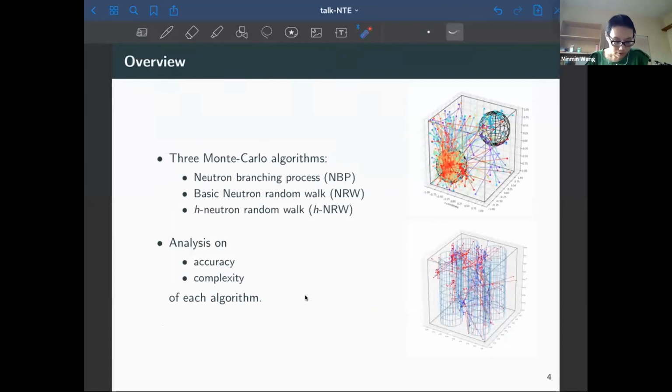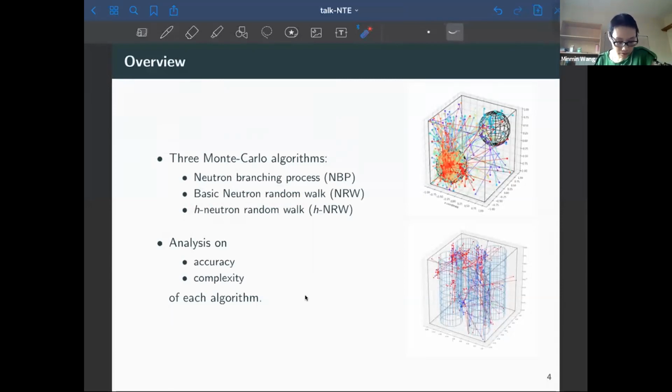So there's the neutron branching process, which is basically just a branching particle system. Then there's the many-to-one formula, which leads to the so-called basic neutron random walk. And finally, combining this with the 2-H transform, we'll get to the so-called H neutron random walk.